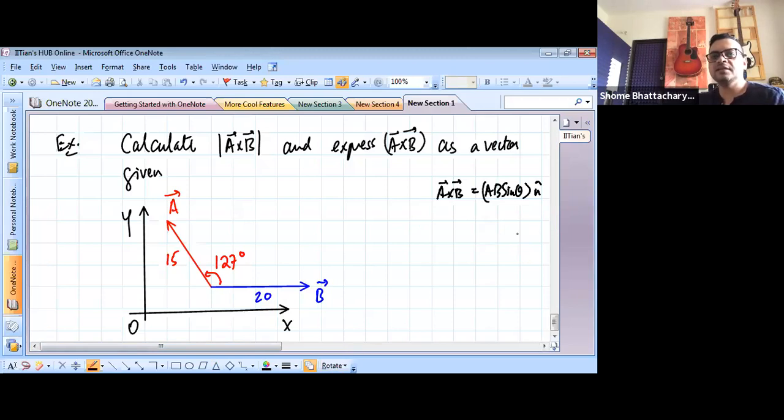Okay. And the right hand palm rule to understand the direction. So here remember we are talking about our standard Cartesian coordinate system. So if X and Y axis are like this, then which axis is coming out of the plane? It is the Z axis which is coming out of the plane.